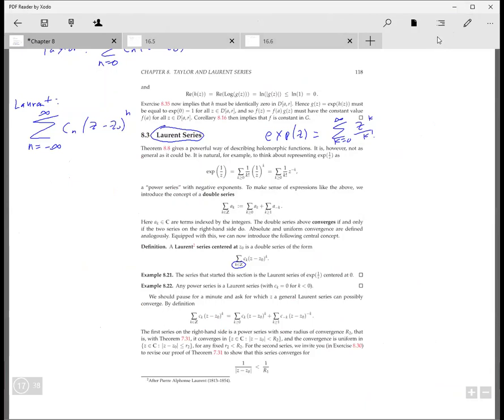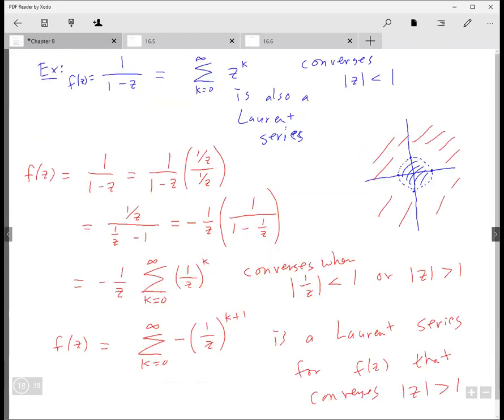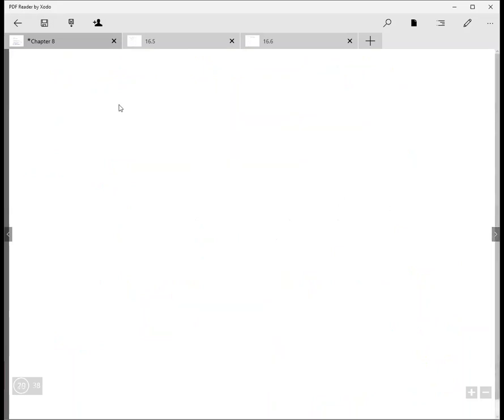Okay, so let's move on. Let me see here. I think there are some more examples I need to do for you guys. Okay, let me do some more examples. I'm gonna use up all my space.